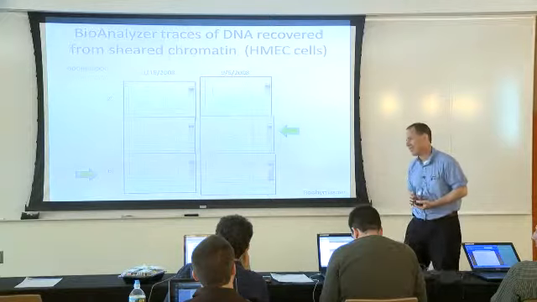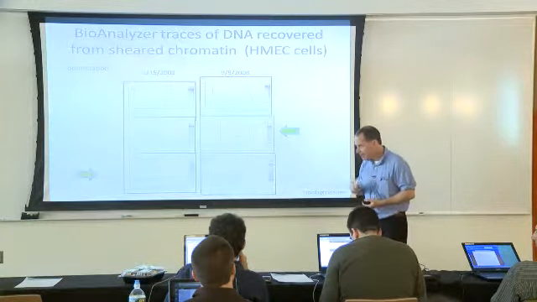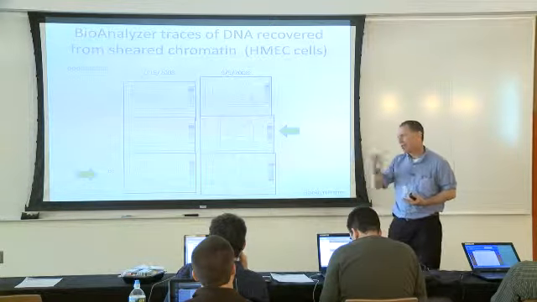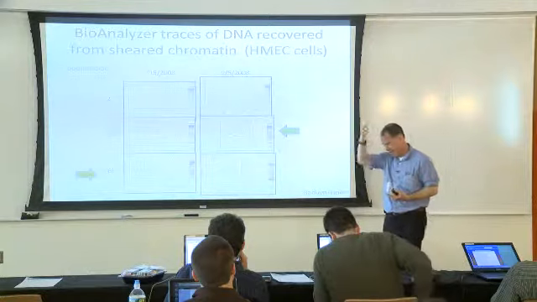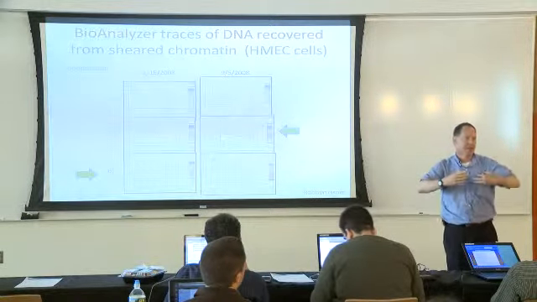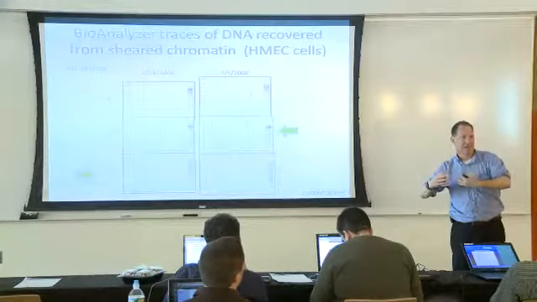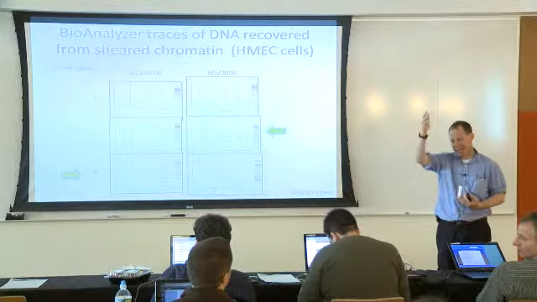Yeah, in a lot of our applications, we really don't have enough material to do this optimization. It's a real problem. So the question was raised, if you're working with such rare cells that you can't waste the cells to optimize the sonication, what do you do? And the world's expert in that is sitting in the corner back there.